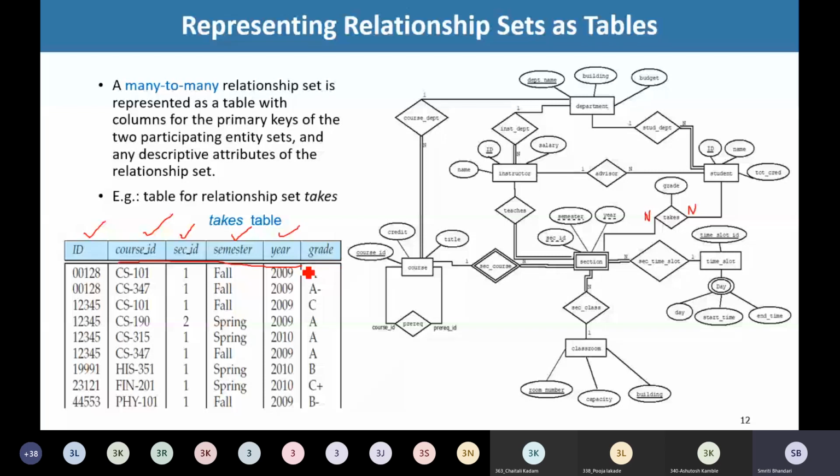So I have the primary key of student, that is ID, and the primary key of section, which is course ID, section ID, semester, year, four attributes, plus the descriptive attribute of this relationship set. Here grade is the descriptive attribute, so I have that column as well. This is how we form the table takes.